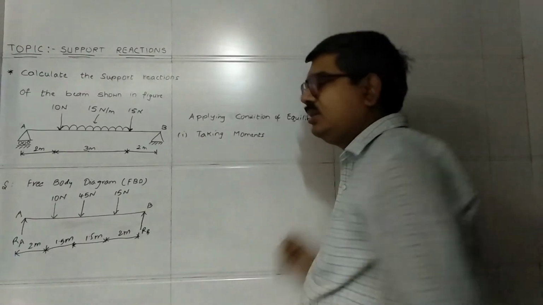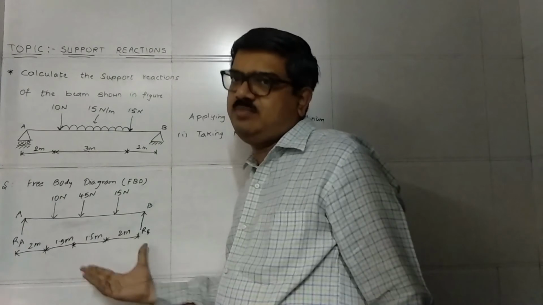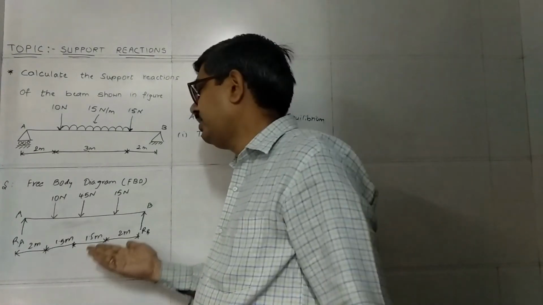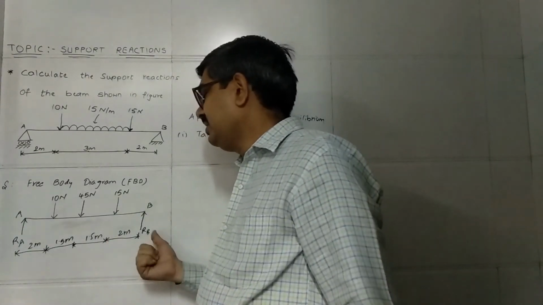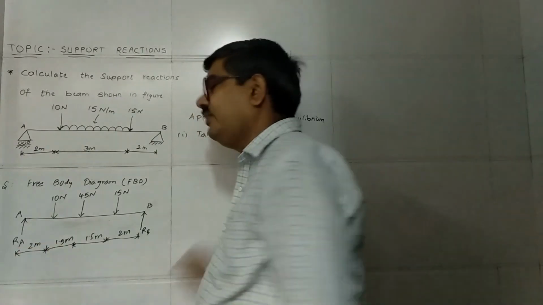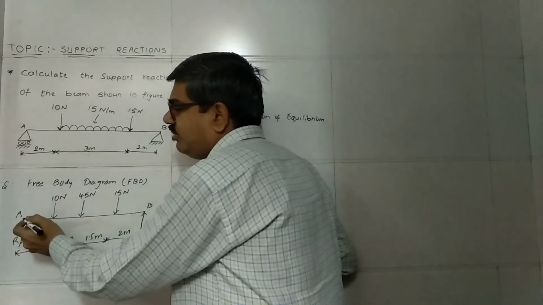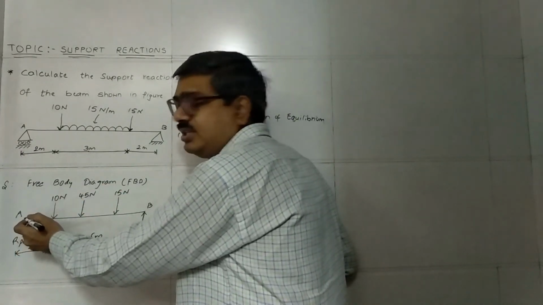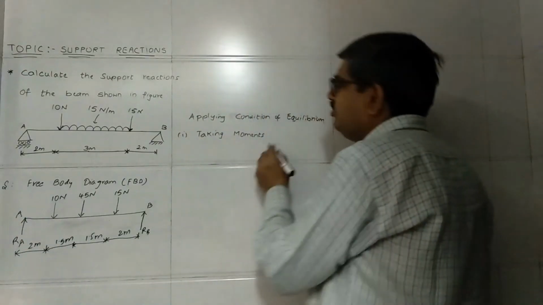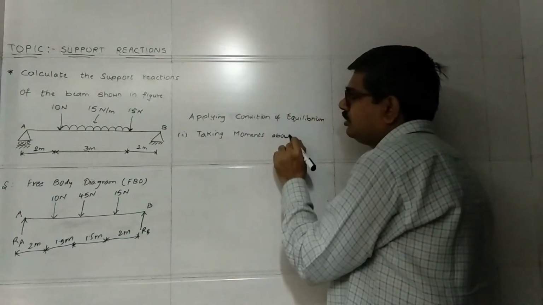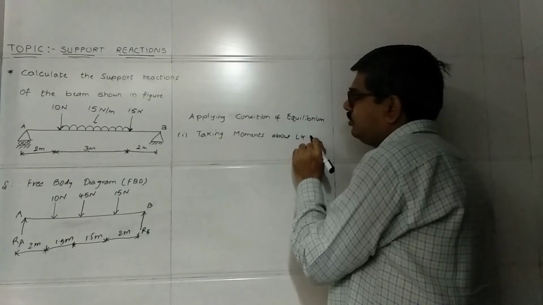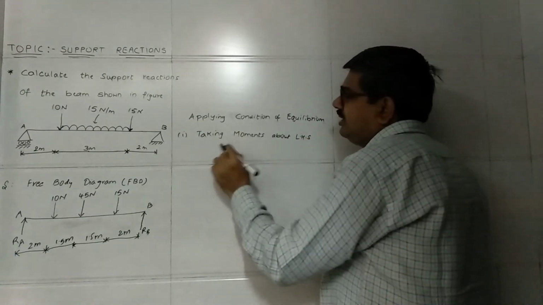Always remember, in a simply supported beam, if you are trying to find the support reactions, always take the first step as taking the moment about its left hand support, that is A here. So taking moments about the left hand support, that is A.